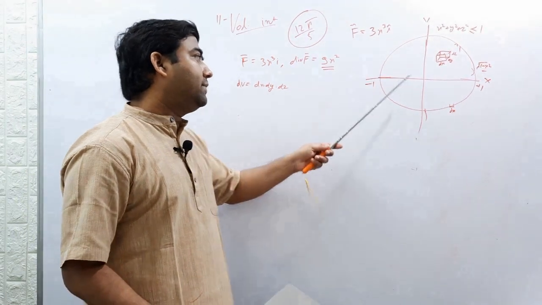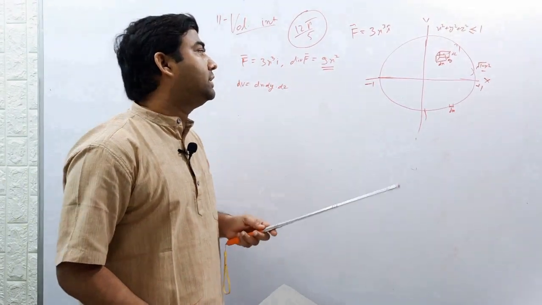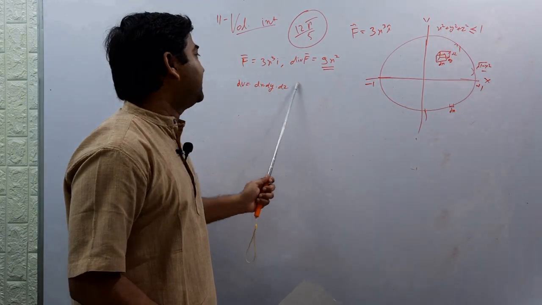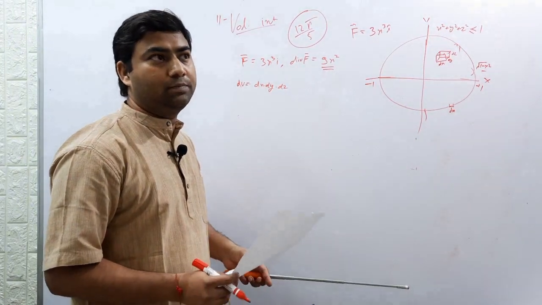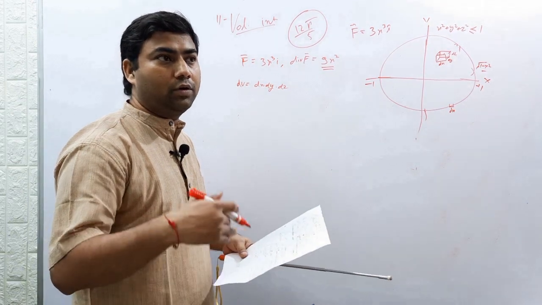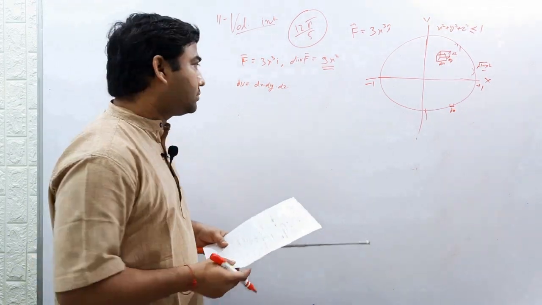So we will convert this Cartesian coordinate system into the spherical coordinate system, that is the polar coordinate system of spherical form.